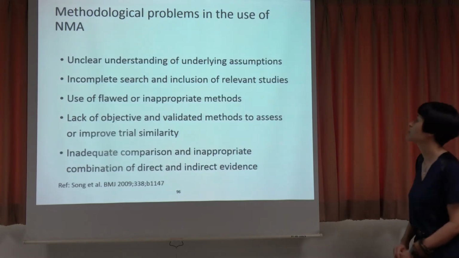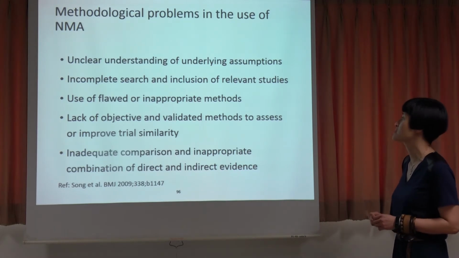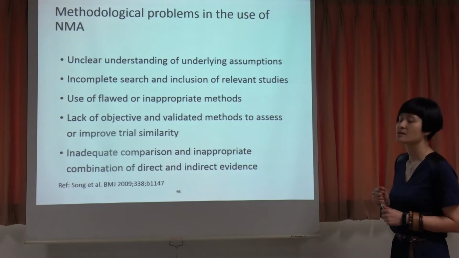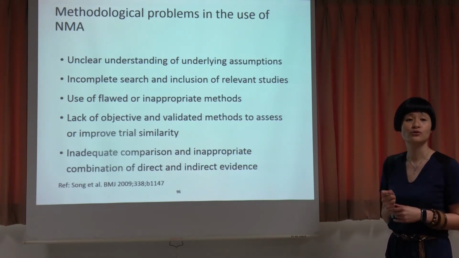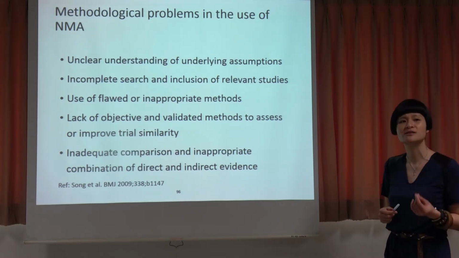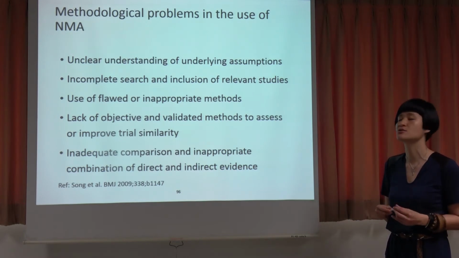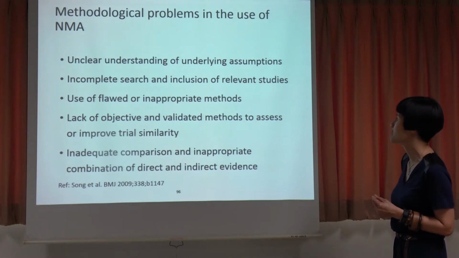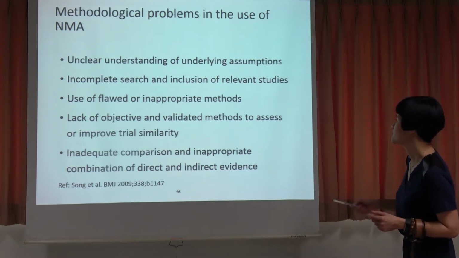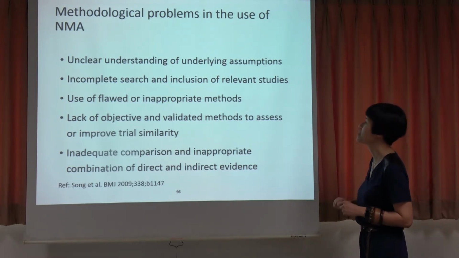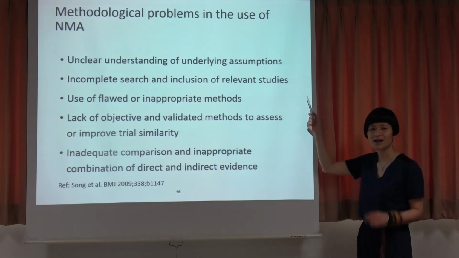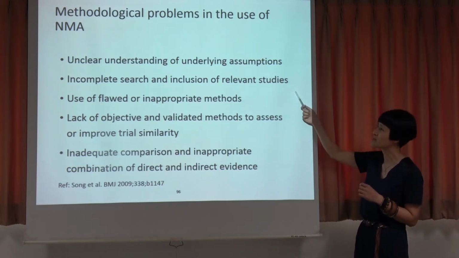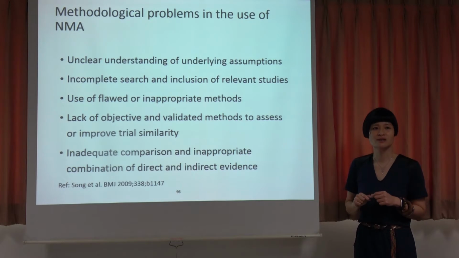The problem in some of the published data was that there is an unclear understanding of underlying assumptions by the authors who use those methods. They don't justify why they have chosen a certain approach, or they have chosen the wrong approach and haven't realized it. There's incomplete search and inclusion of relevant studies. This is not a feature of network meta-analysis; you can have this with pairwise meta-analysis as well.